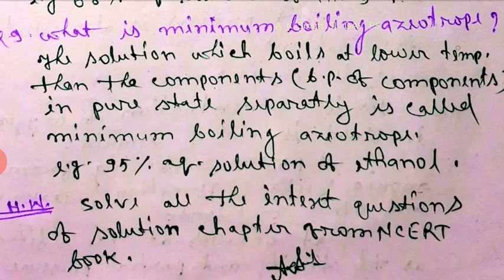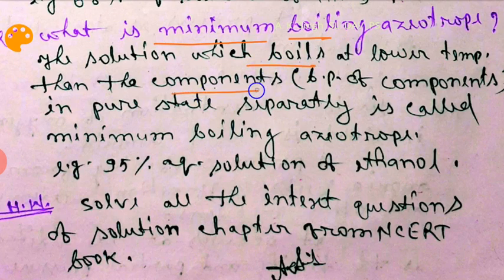Now the next important question is: what is a minimum boiling azeotrope? You have read it in positive deviation. What is a minimum boiling azeotrope? The solution which boils at a lower temperature than the components, means the boiling points of solute and solvent in pure state separately, is called a minimum boiling azeotrope.